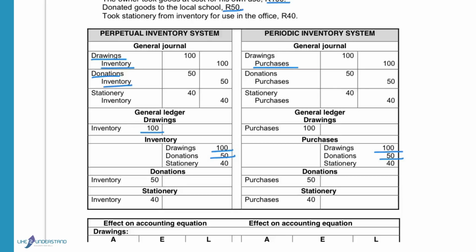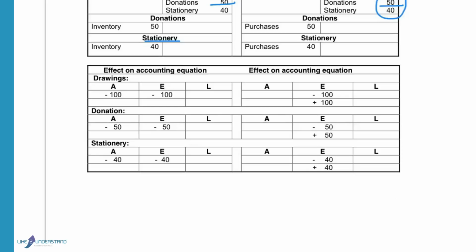So if for any reason you use any of the inventory for another purpose, you have to reduce the inventory to indicate that that inventory is not there to be sold, and you will have to go and create an expense for stationery or marketing or advertising or whatever purpose you use the goods for. In the periodic system, you will reduce your purchases account to reduce that expense, and you will debit donations, stationery, drawings, marketing, etc. In the accounting equation, when the inventory is taken, you will reduce your assets.